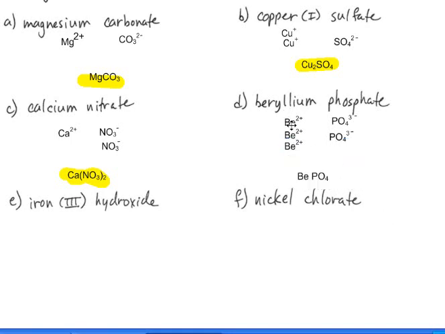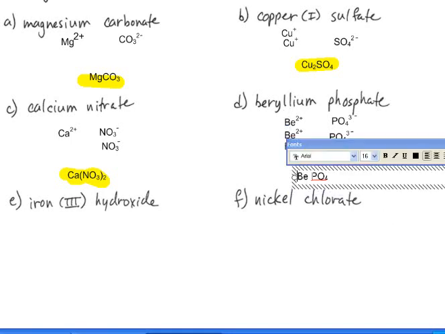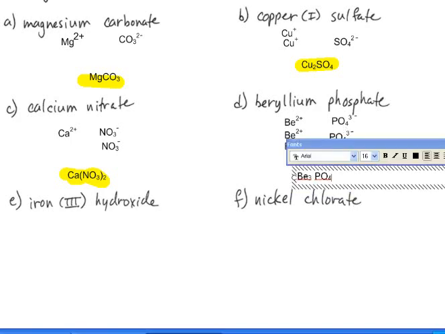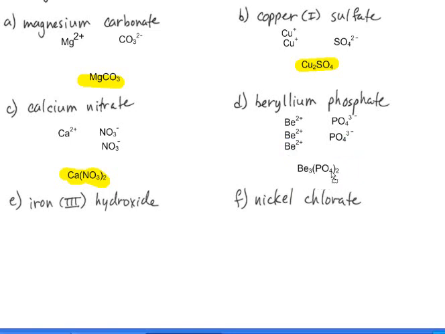Okay, now we need to show that we have 1, 2, 3 beryllium there. So we show that, of course, by putting a 3 here as a subscript. Okay, and we need to have 2 phosphates. So again, it looks something like this, but then, oh my gosh, it looks like a 42 there. So what we have to do is use a set of brackets around the phosphate, illustrating that that 2, the subscript, always applies to what's immediately before it.